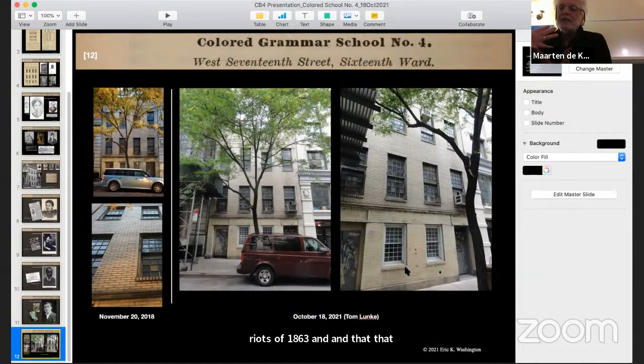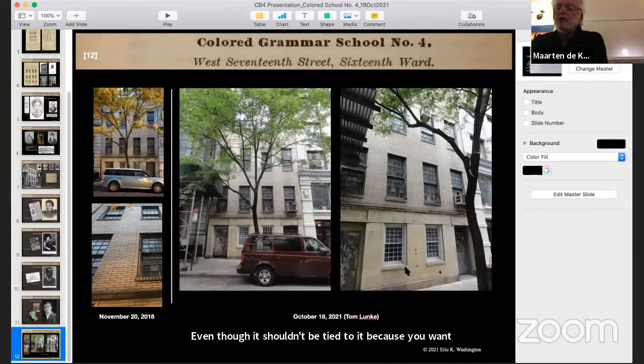That thinking leads me to believe that connecting this building with some kind of education program for Black history as part of its landmarking, even though it shouldn't be tied to it because you want to landmark it no matter what it's used for, might be helpful to you.